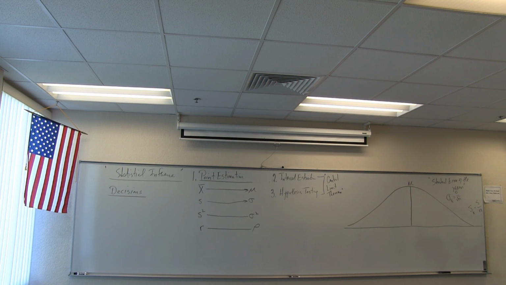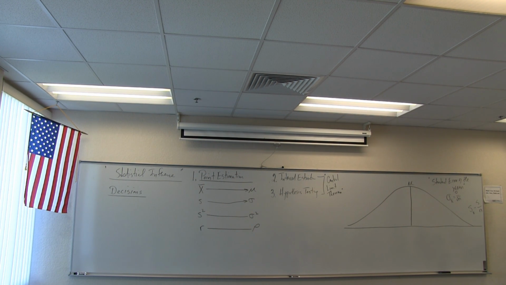So now we got an infinite amount of sample means, or a billion sample means, or a lot of sample means. Let's say we wanted to plot all these sample means. The distribution would be relatively normal.